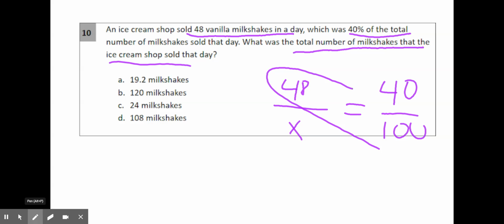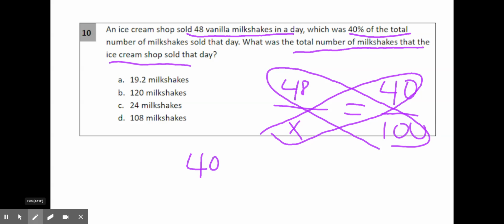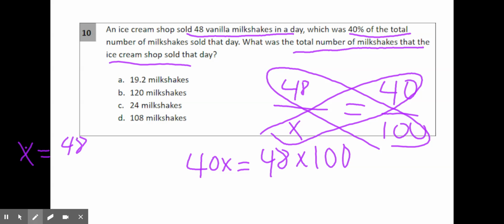Next, we just cross multiply again. So it would be 40x equals 48 times 100. And then to solve that easier, we could do x equals 48 times 100 divided by 40.